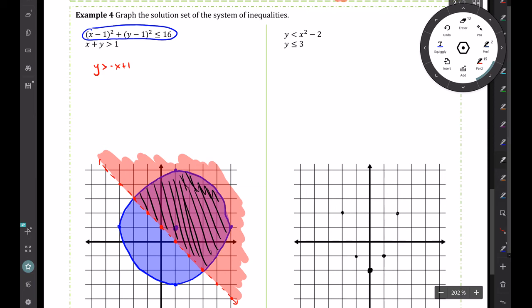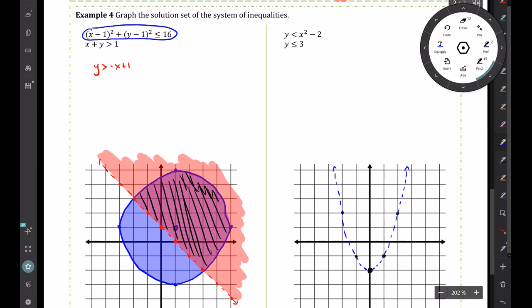So I'm just taking the equation of a regular parabola and shifting it down 2 units. And because it's a strict inequality, I'm drawing it as dashed lines. And we want y less than that, so we're going to shade below that.